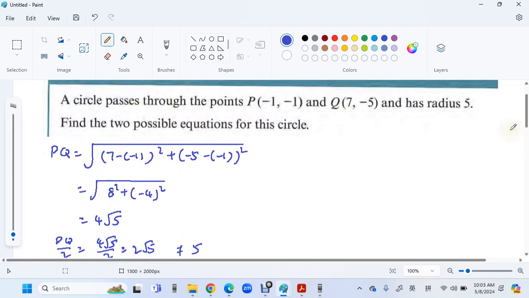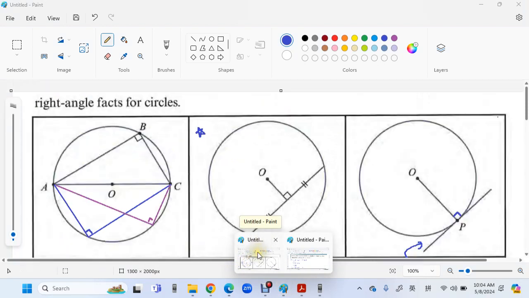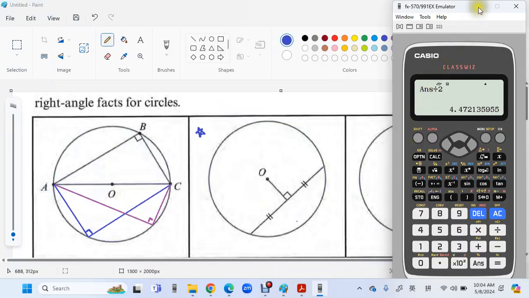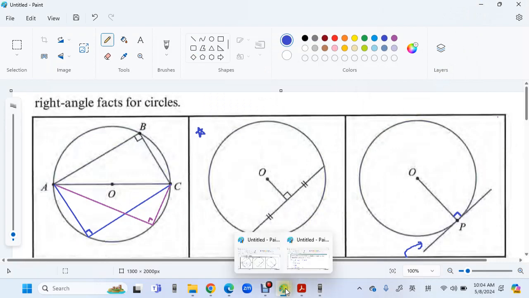For this one, we find the perpendicular bisector of PQ, because we know that the perpendicular bisector of PQ will pass through the center. So over here, we just find the perpendicular bisector of PQ.